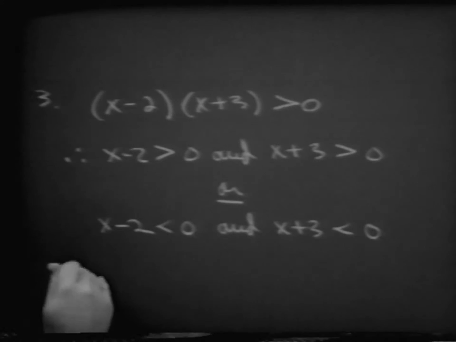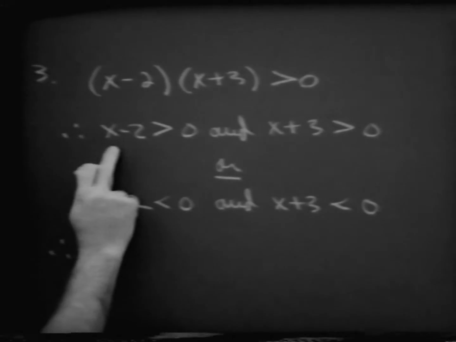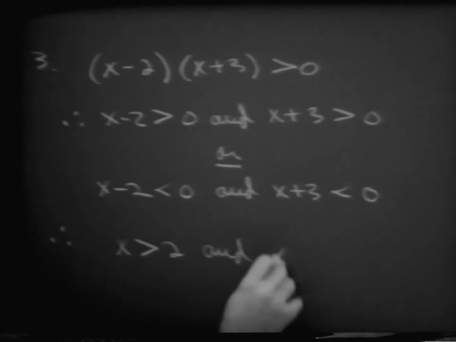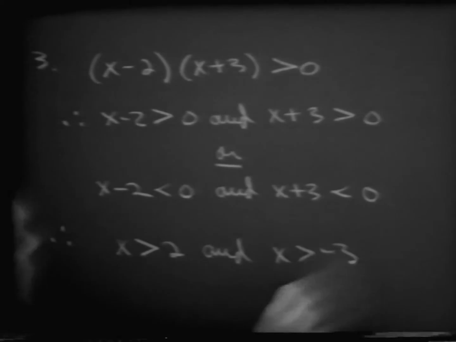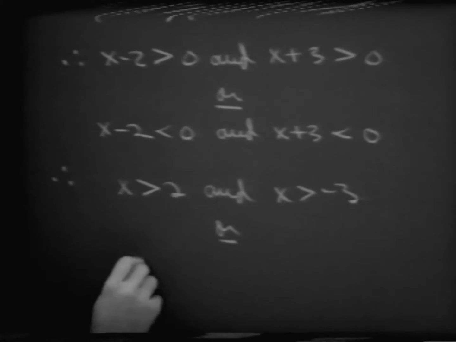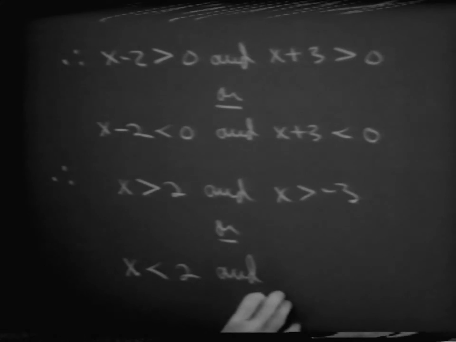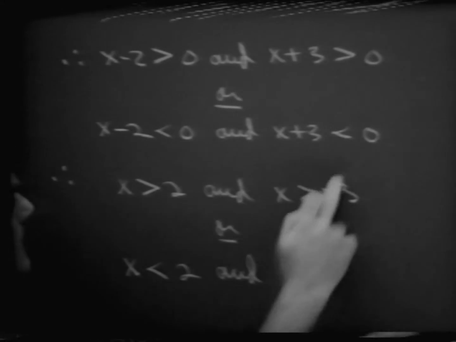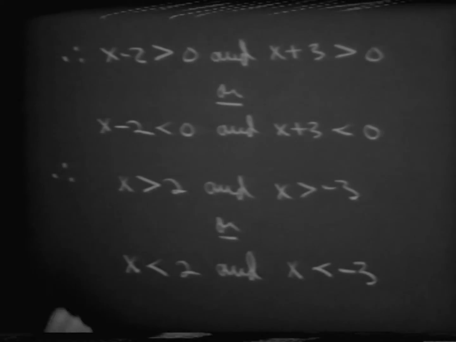Well, let's then continue this vertically here. Let's come back to this line, and therefore what can we say but that x is greater than 2, and x is greater than what number? Negative 3, or, all right, let's then look at this line. We have here x is less than 2, and what other conclusion may we come to? X is less than negative 3, okay?